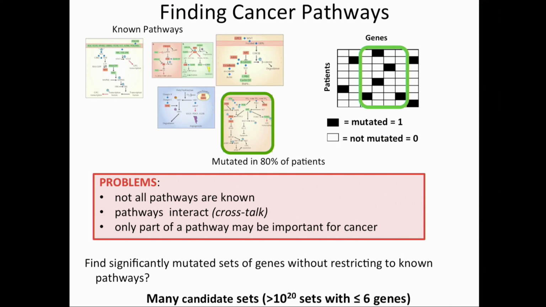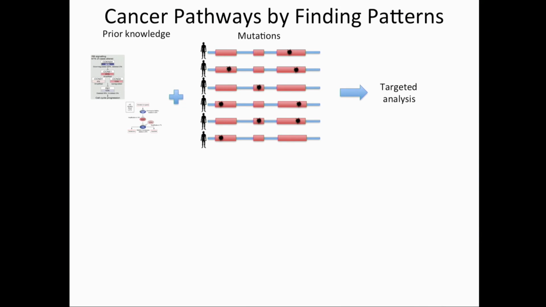Okay, so this is just the setup to start talking about actually algorithms to identify driver pathways, in particular to find driver pathways by looking for specific patterns of mutations across patients of a cancer type.